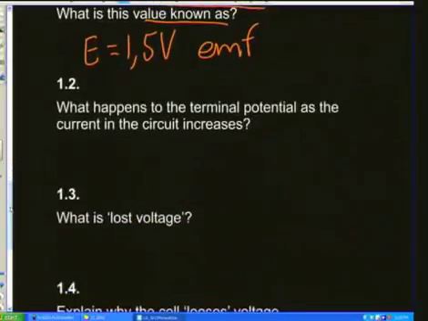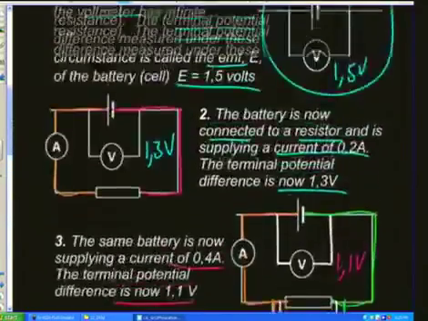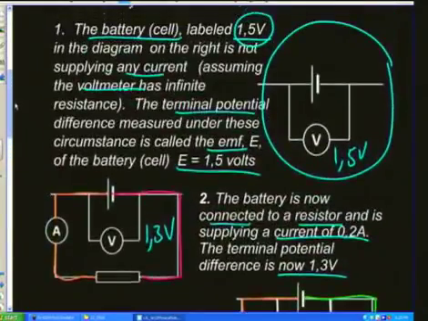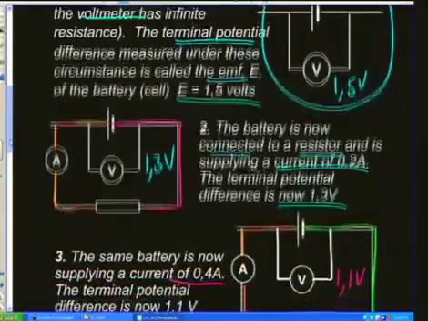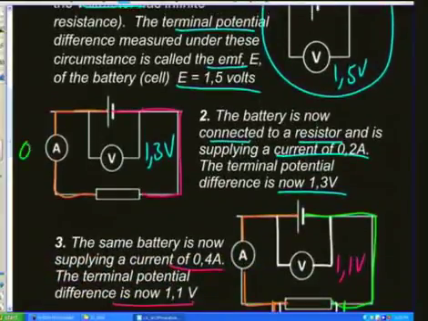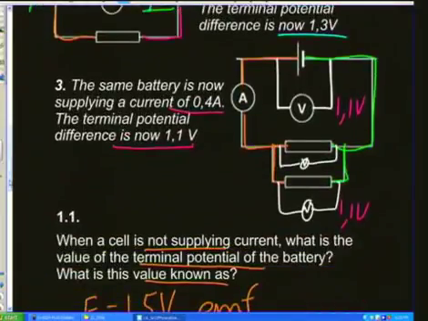What happens to the terminal potential as the current in the circuit increases? Have a look. What happened over here? Over there was 0 amps. Over here, the current was measured at 0.2 amps. Notice that was 1.3 volts. Then this one, 0.4 amps.